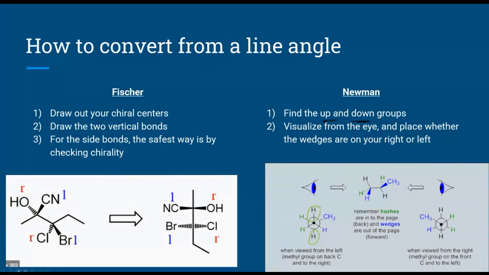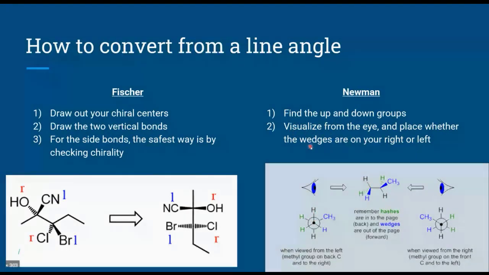These are the groups that are going to be staying in the plane. They don't have a wedge or a dash. So first you need to figure out on your first carbon if that group is going to be pointing upwards or downwards. So we see here that this group is pointing upwards. So we have that as our reference.